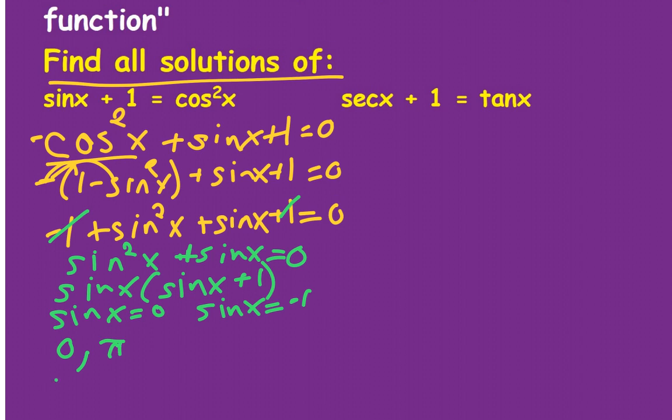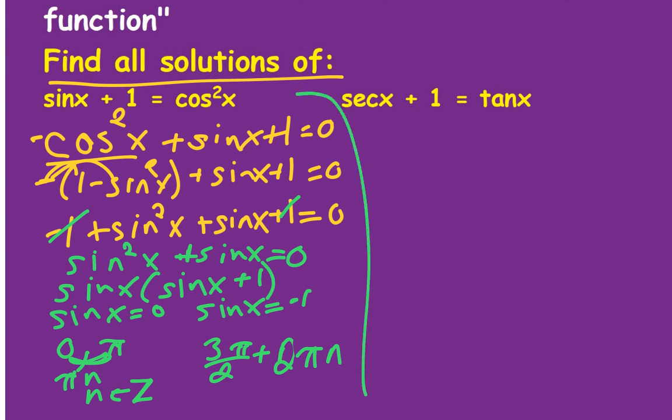So I can just say this is going to be pi n, where n is an element of integers, because it's pi away continuously. And then where is sine equal to negative 1? That's 3 pi over 2. And that's the only one, so plus 2 pi n. Let's erase that. That's a little messy. 2 pi n.